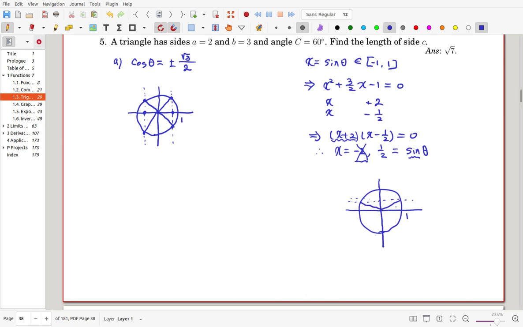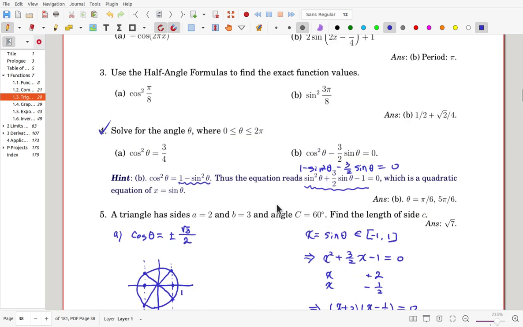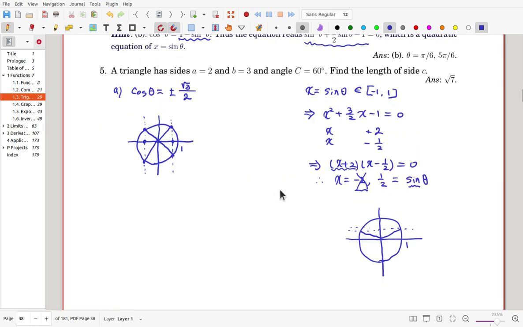Once you find one, the other one can be found quite easily by using symmetry, right? Okay, and that is the end of the section. Thank you.